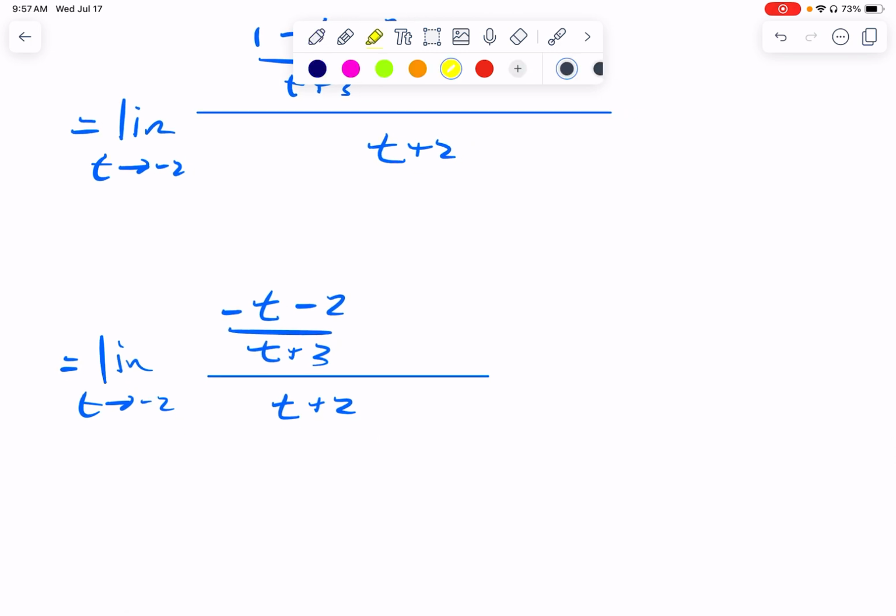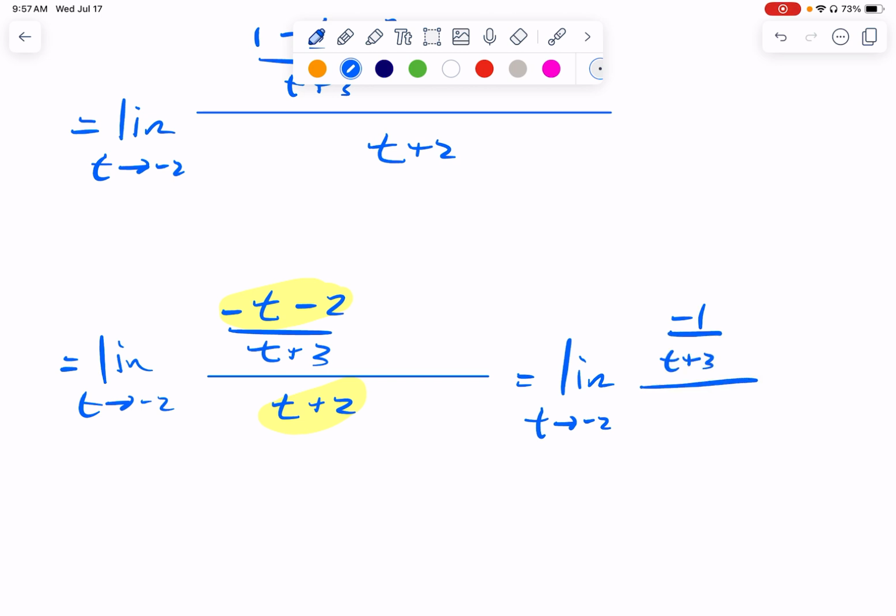So now here's what we might notice, that this thing here and this thing here are opposites. We are allowed to cancel opposites. But if we cancel opposites, a negative emerges.